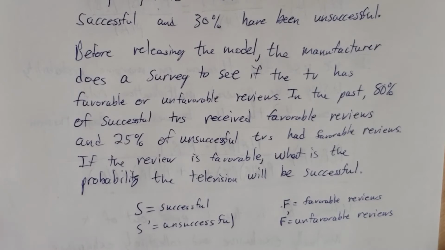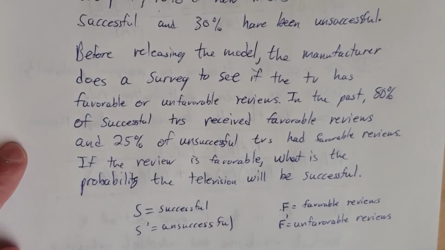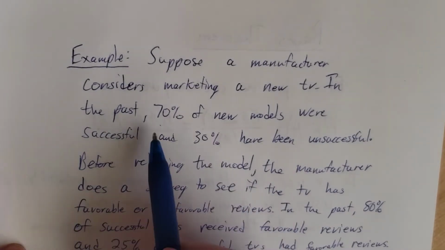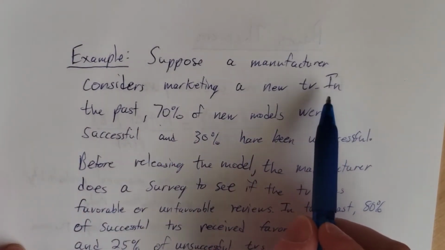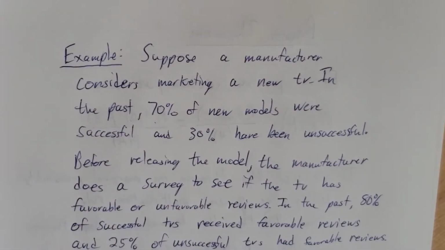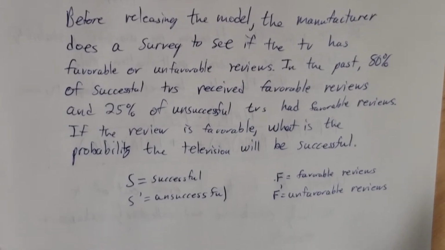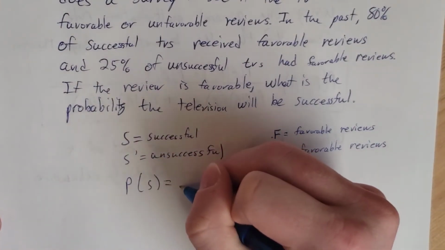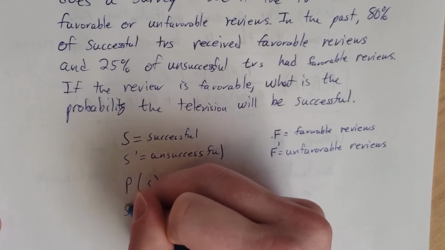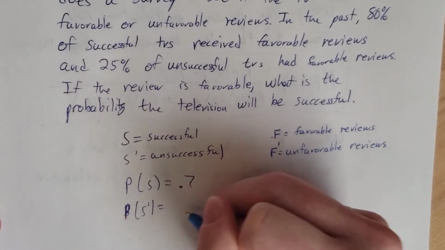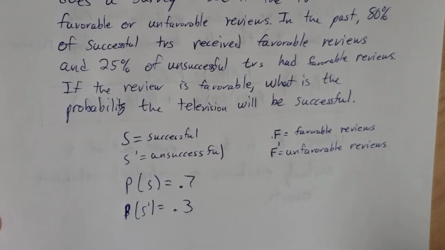And what was the information related to that? Well, what was the probability that a TV was successful? That was given in the second sentence here. In the past, 70% of new models were successful and 30% have been unsuccessful. So the probability of S is 0.7, and the probability of S prime is 0.3.